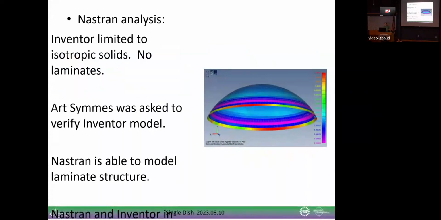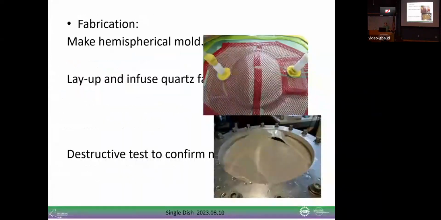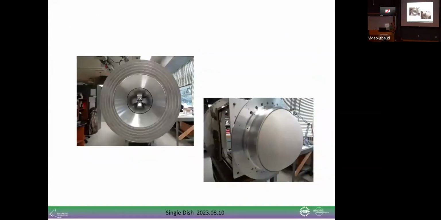Part of the problem was building a waveguide window. We developed a quartz window for that, which is really large. We did models on it and destructive tests to make sure it would stand pressure. Finally, this receiver is out in our outdoor test room, and you can see the waveguide window.